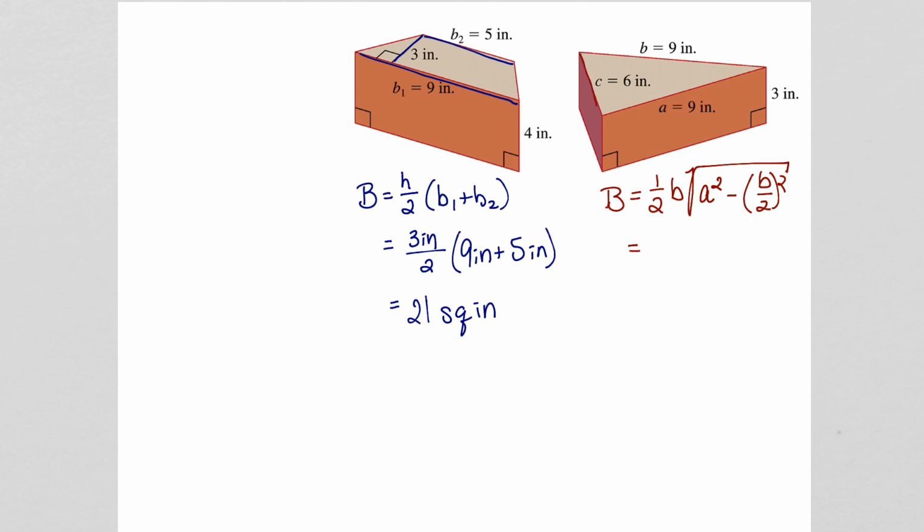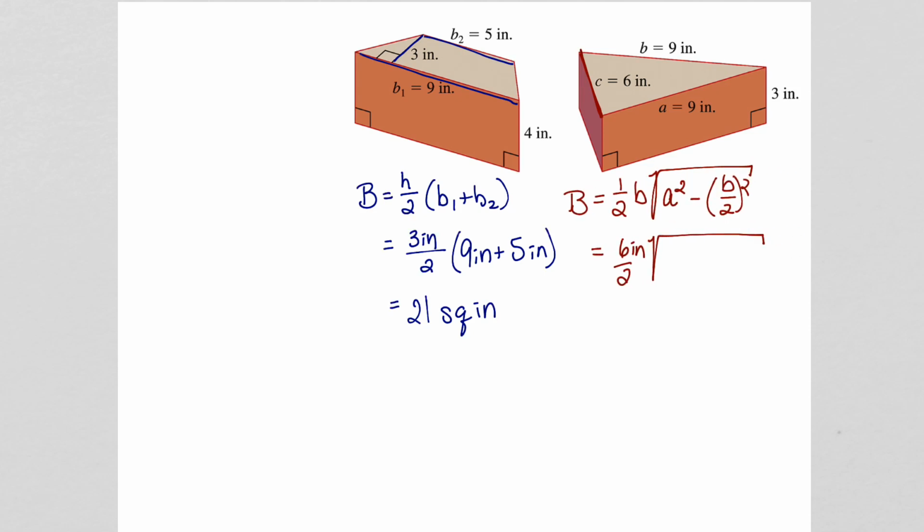So we want the base of the triangle, that's 6. And then we've got the side, that's 9 inches squared, minus the base, 6 inches, divided by 2 squared.